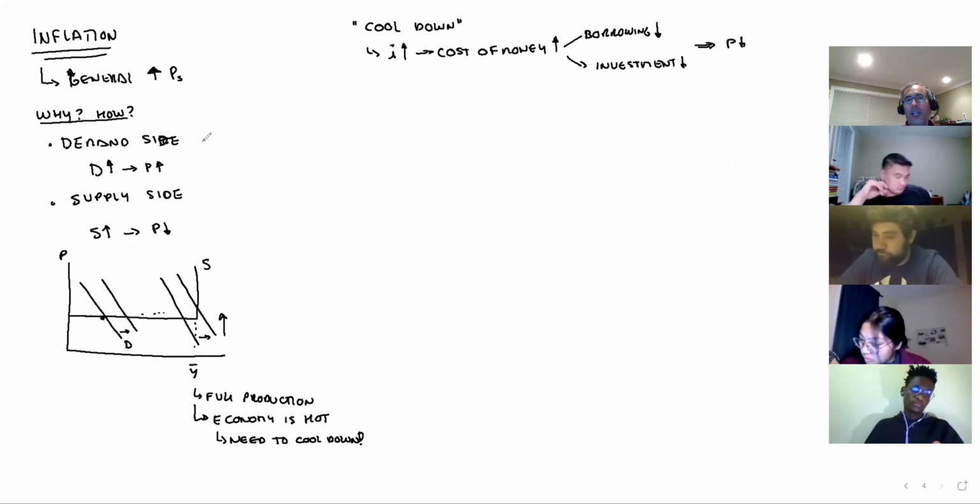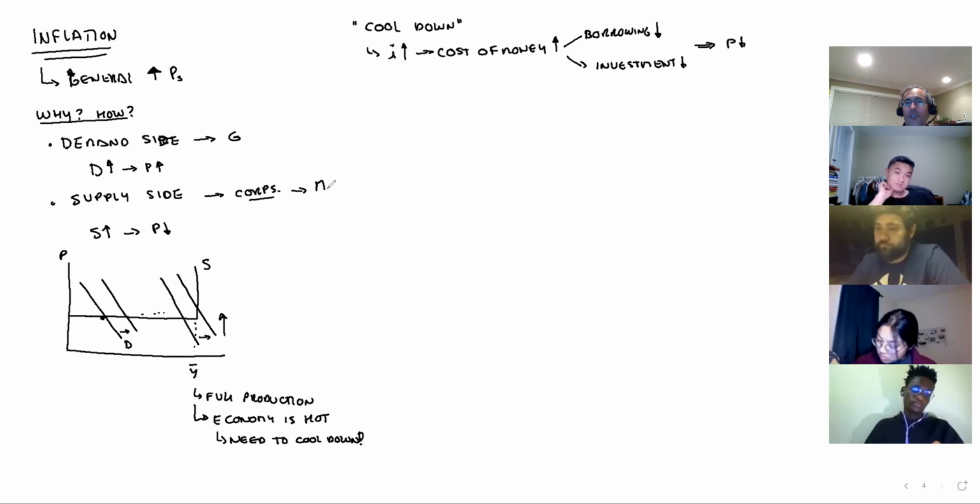Now, on the demand side, guys, who are the big players here? Governments, right? On the supply side, of course, corporations. But if you put this in the perspective of this class, guys, also imports.